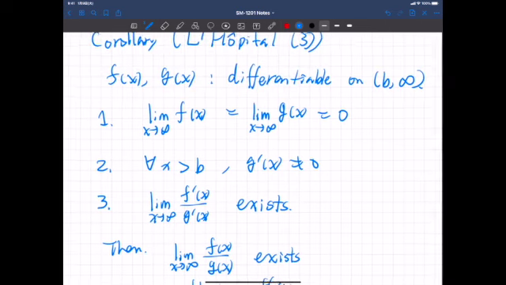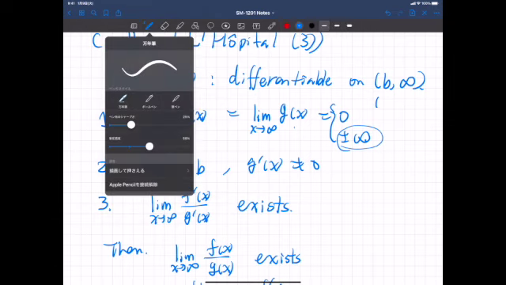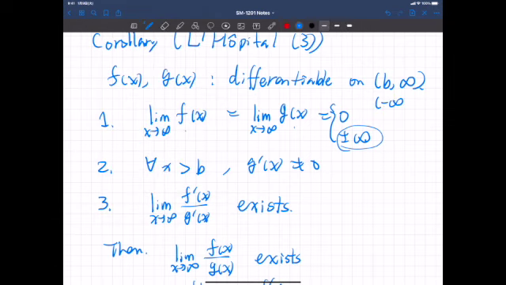And again, we can also include the cases where f of x and g of x both diverge to positive or negative infinity. Okay, and of course the same L'Hopital's rule can be applied to the case where the functions are defined on this interval from negative infinity to some finite value.